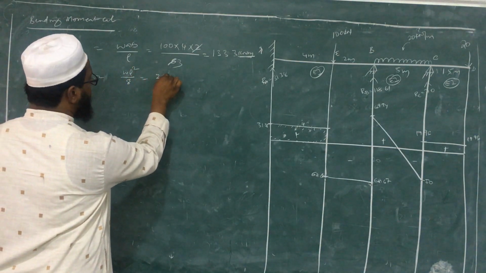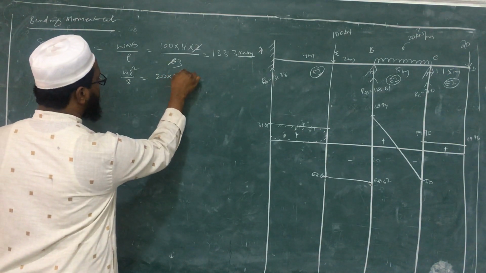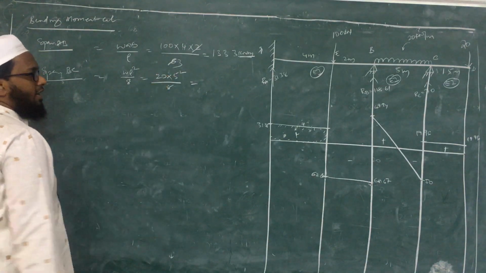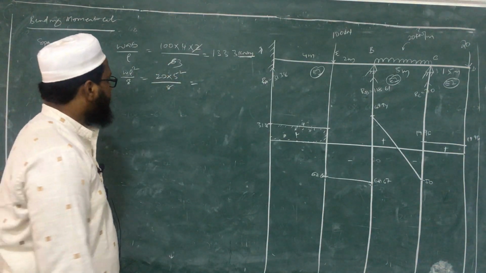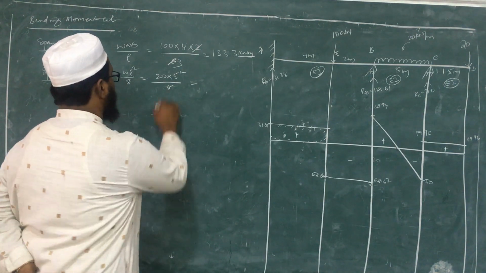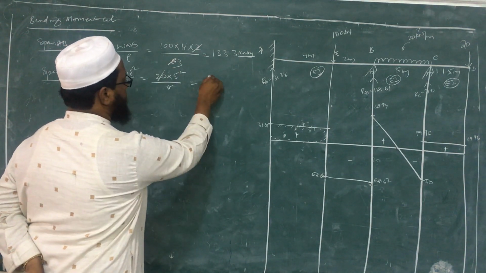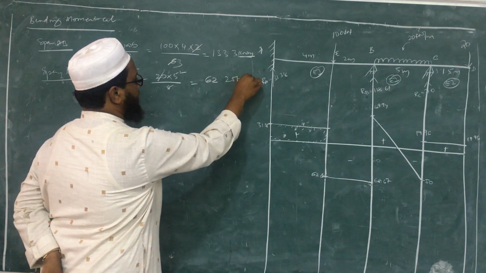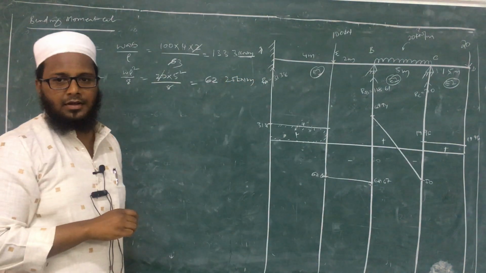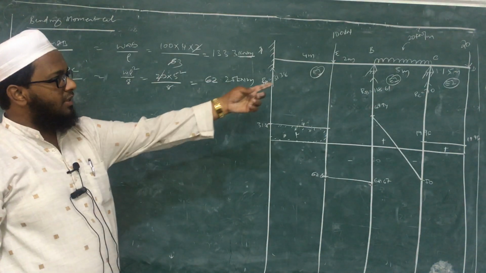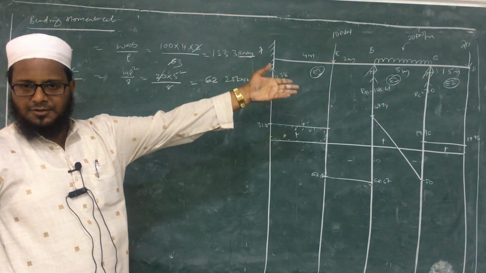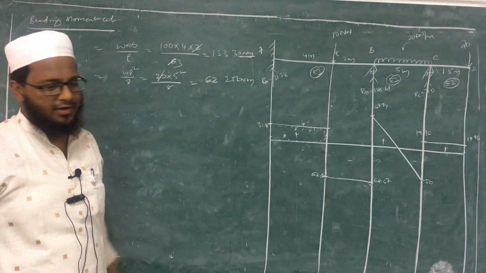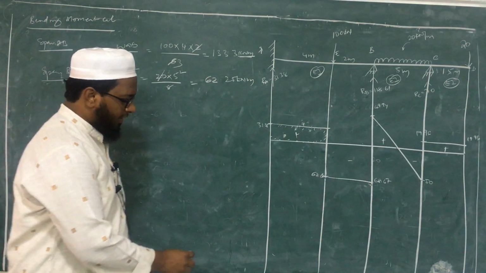W is 20, L is 5, square by 8. 5 5s are 25, into 20 divided by 8, that is 62.25 kilonewton meter. Now what about the last portion? The last portion we have already calculated. No need to calculate that. MCD we have calculated. So now we'll draw the diagram here.